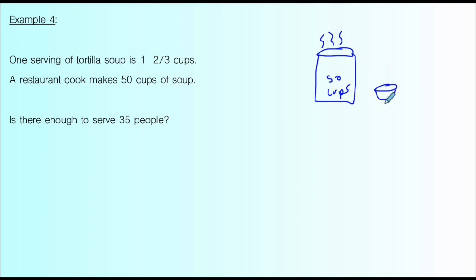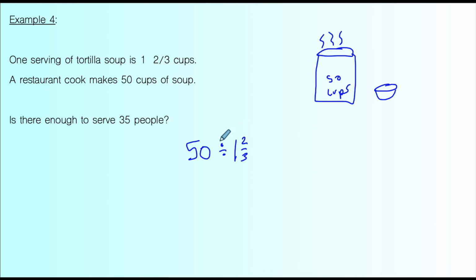How many 1 2/3 cup servings are in 50 cups? So in other words, I'm saying 50 cups divided by 1 2/3. And what I really want to know is, am I going to have 35 servings? Am I going to be able to serve 35 people? Does 50 cups of soup have at least 35 1 2/3 cup servings?